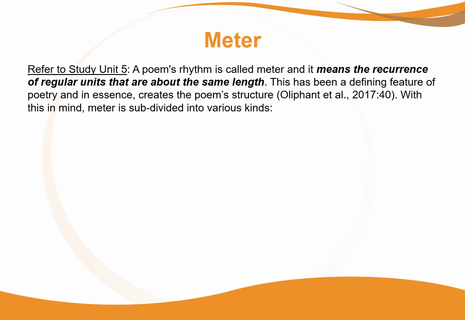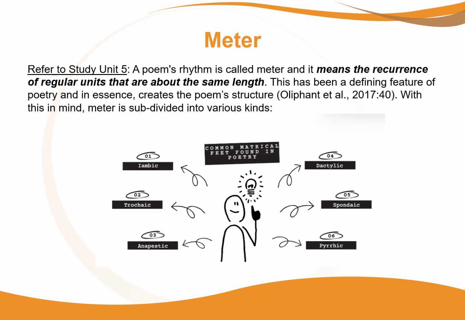And with this in mind, meter is subdivided into various kinds. So we get the iambic, trochaic, anapestic, amphibrach, spondaic, and the dactyl or dactylic. So it's very important again that you refer to study unit 5 just to get more insight into what meter is, how one identifies the metrical length, and so forth.